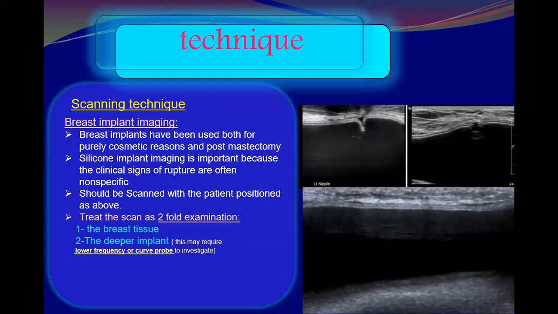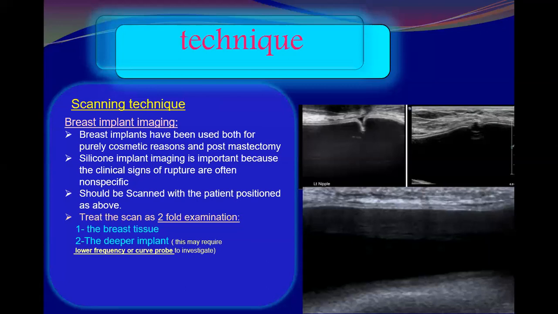Then go and scan for the implant. Don't look at the implant apart from the breast. Complete your study regarding the breast, then complete regarding the implant, or the reverse.